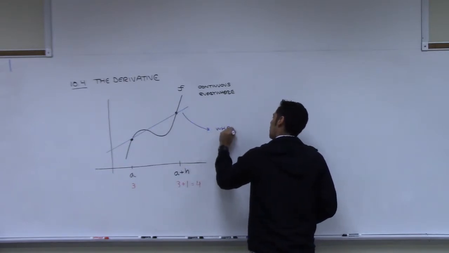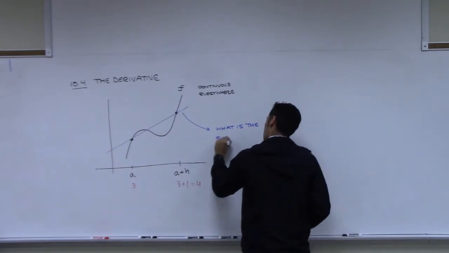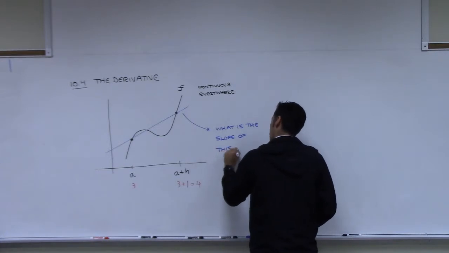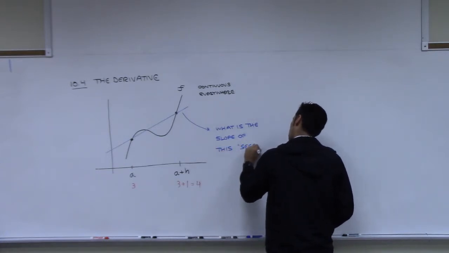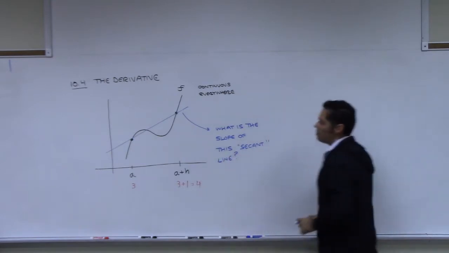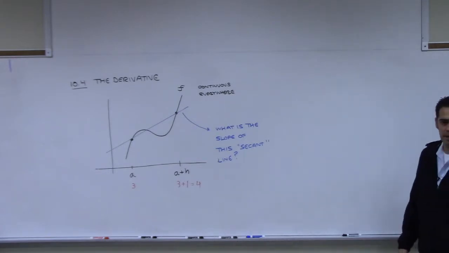What is the slope of this, what we call secant line? What is the slope of that line? You were taught slopes of lines in 1324 as rise over run, yes?